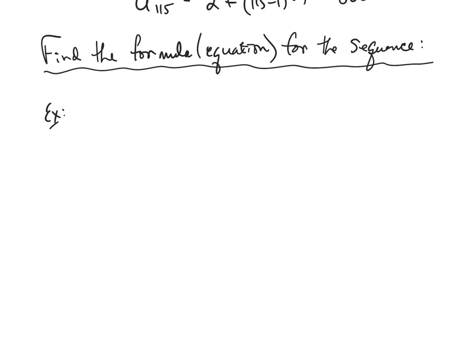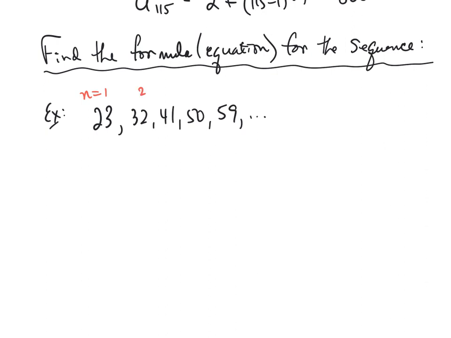As an example, if I were to give you a sequence like this, 23, 32, 41, 50, 59, and so on, and ask you to create the formula or equation that would give us these terms, meaning if I were to replace n with 1, I get out 23.